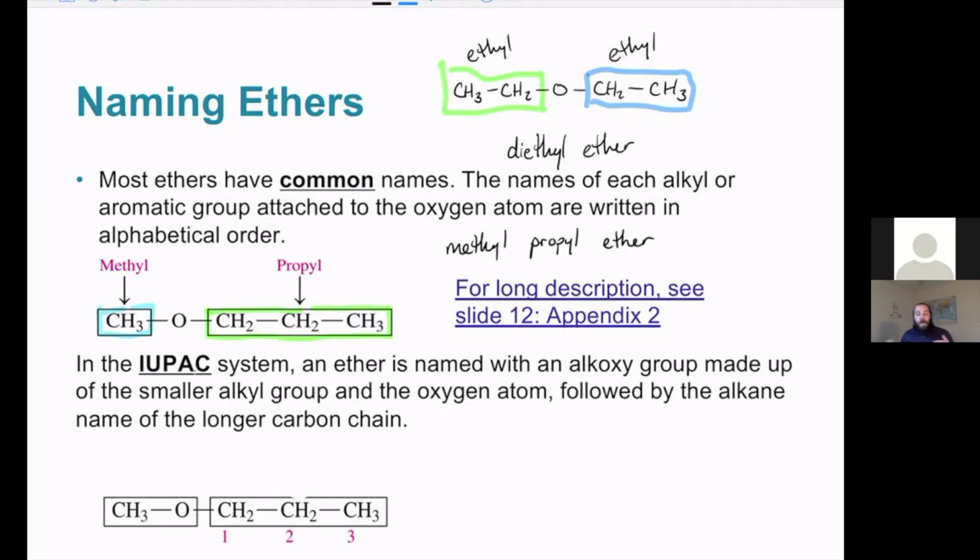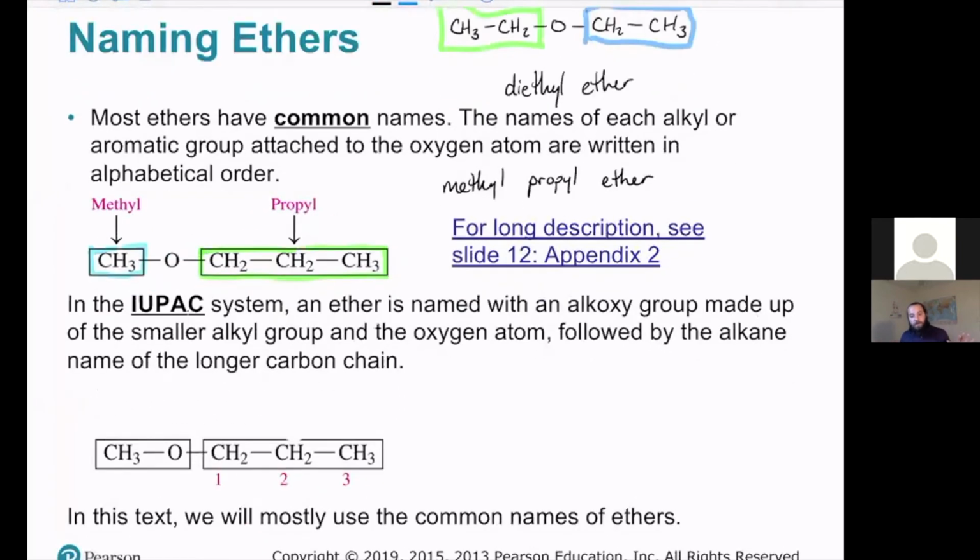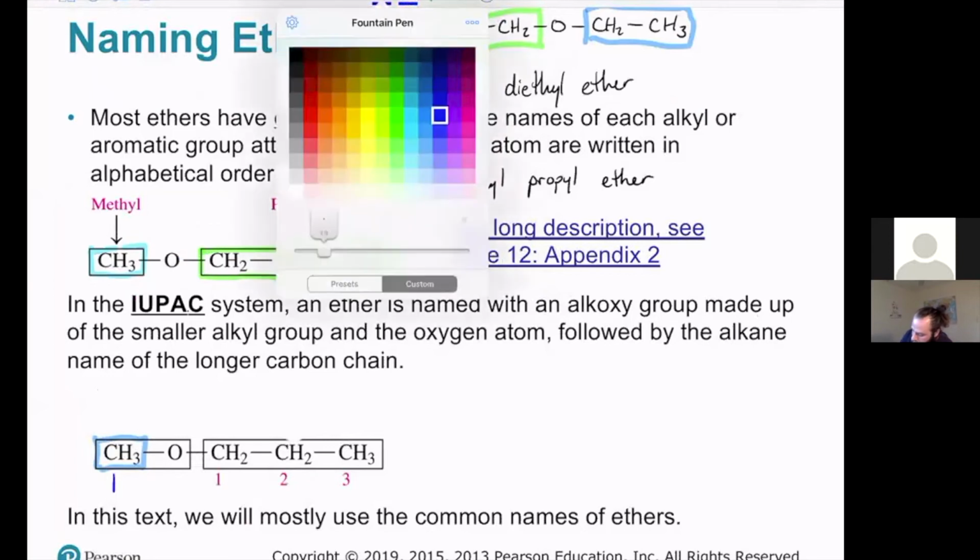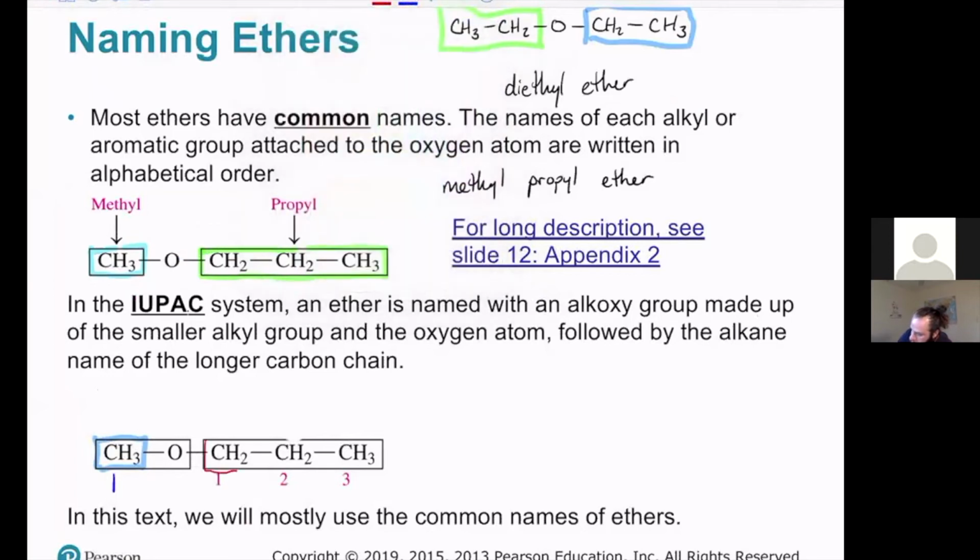If I want to do the IUPAC name, I actually start doing the same thing. I'm going to look on either side of my oxygen. So here's my 1 carbon methyl group. And on this side, I have these 3 carbons.